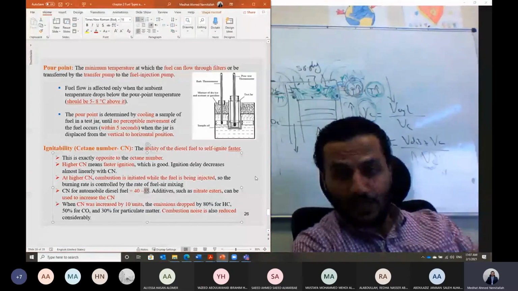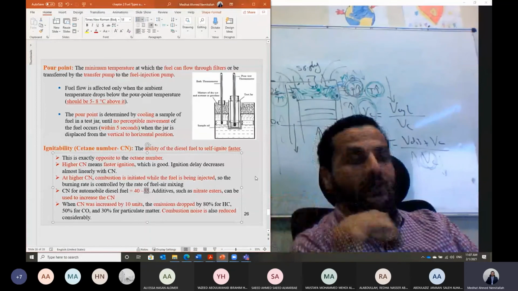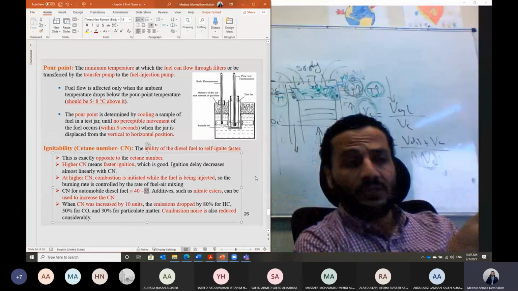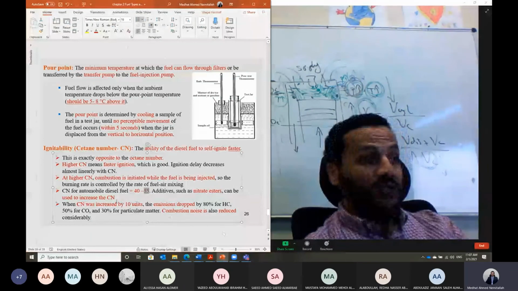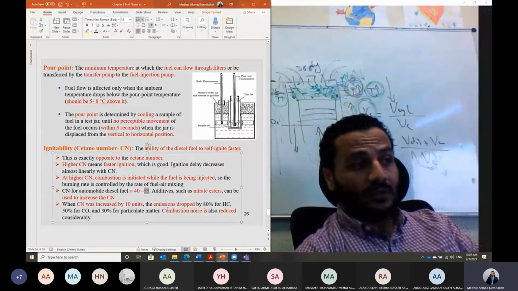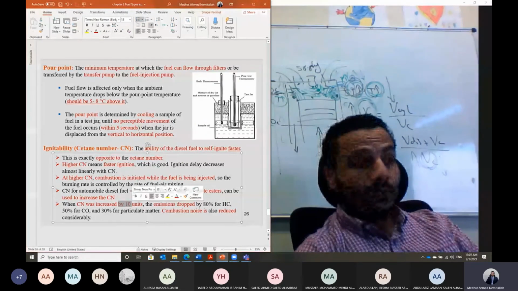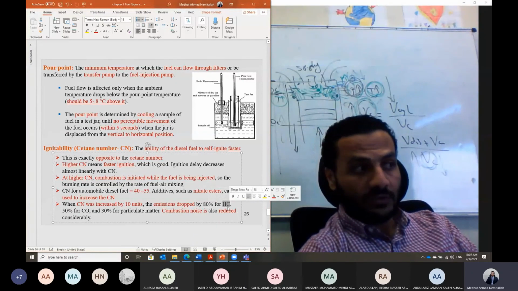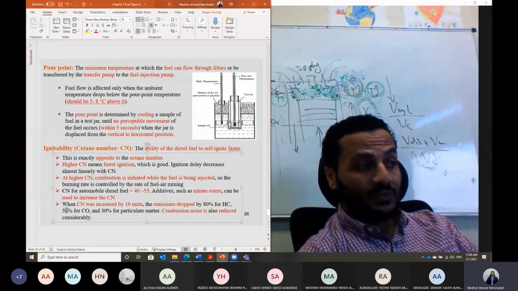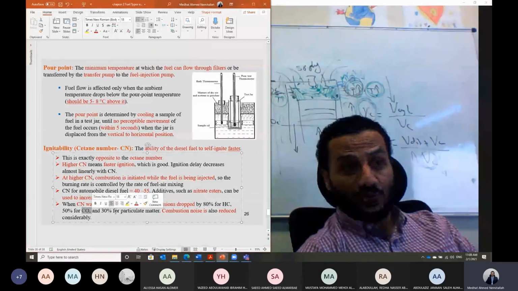However, the diesel engine has higher efficiency. It is more efficient than the gasoline engine, because diesel engines can run at higher compression ratio. By increasing the cetane number of the fuel by 10 units, let's say from 40 to 50, it will result in an emission reduction of about 80% of unburned hydrocarbon and about 50% reduction in carbon monoxide due to the incomplete combustion of the fuel.